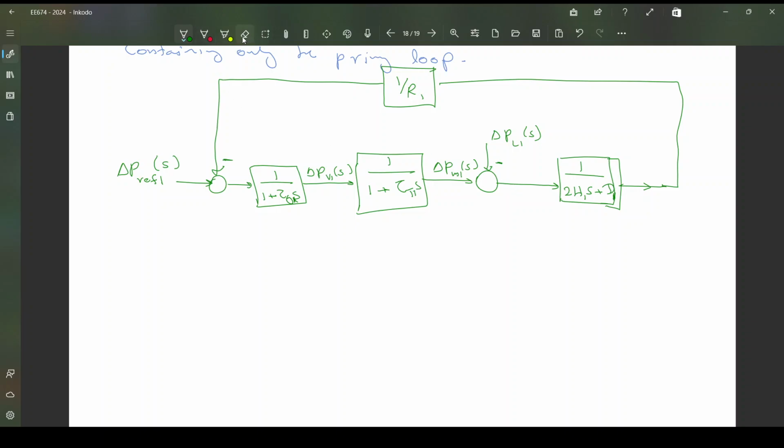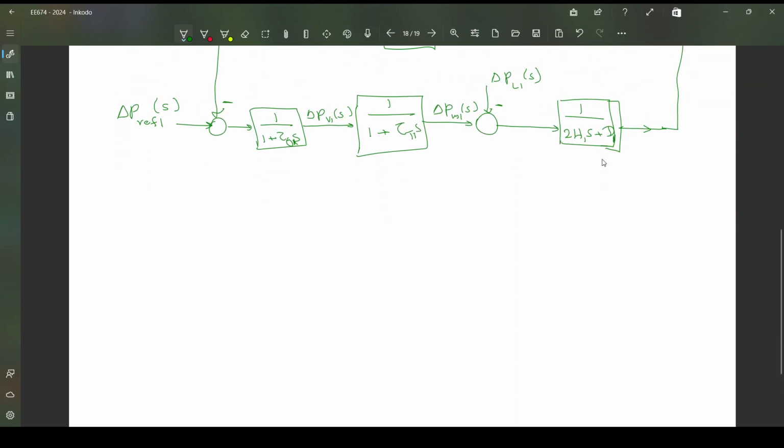And then you will have a similar system for area 2. I will draw it in a slightly different color, maybe brown.